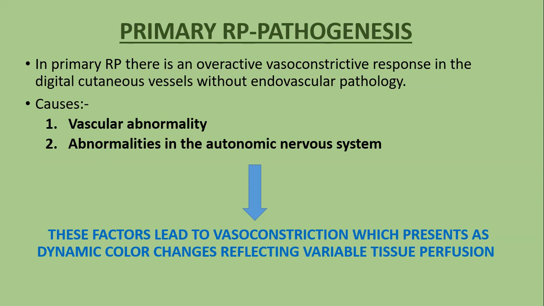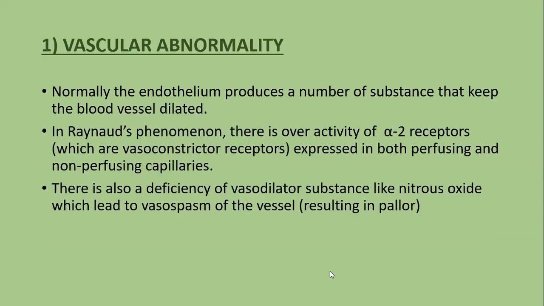Both these two factors lead to vasoconstriction, which presents as the dynamic color changes as highlighted before. The vascular abnormalities. Normally, the endothelium produces a number of substances that keep the blood vessels dilated.